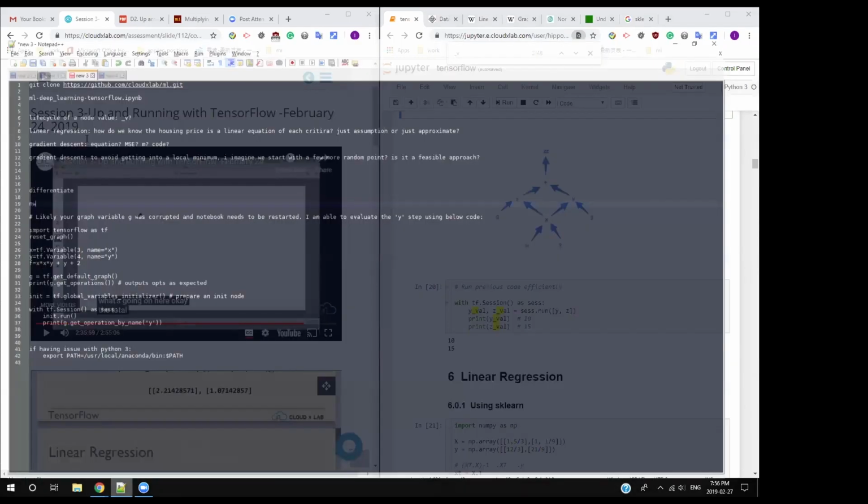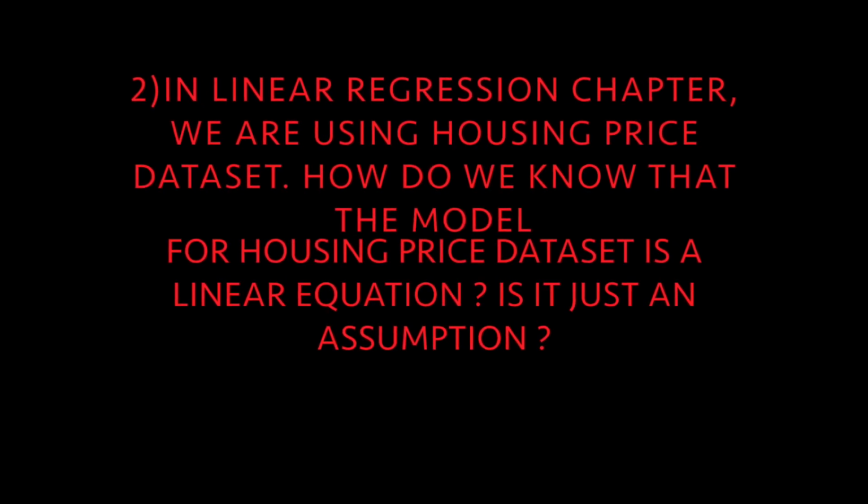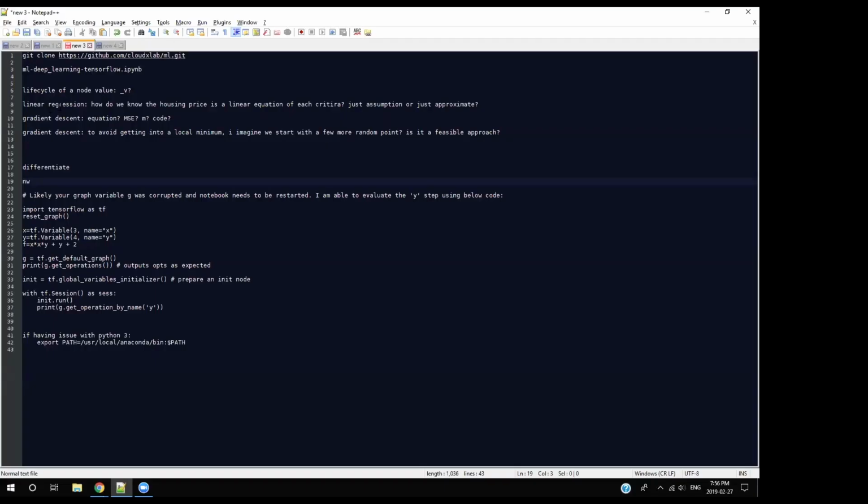Okay, the next question is about linear regression. We use the housing price as an example of doing linear regression. How do we know the housing price is a linear equation of each criteria?